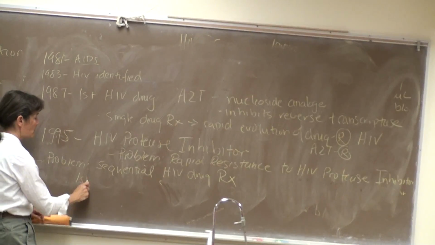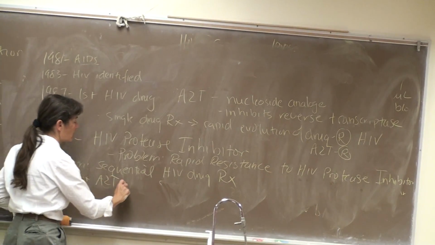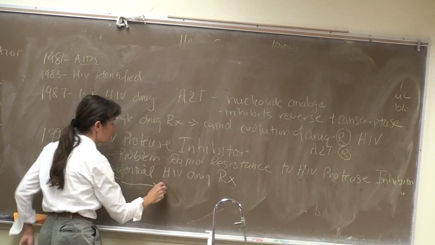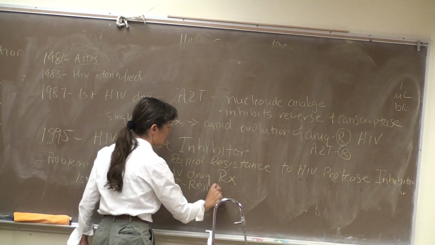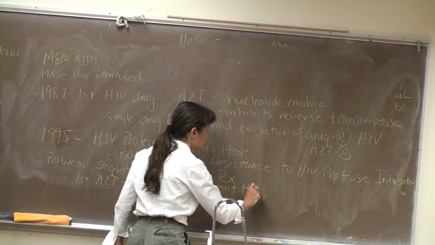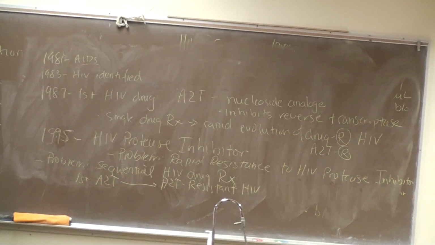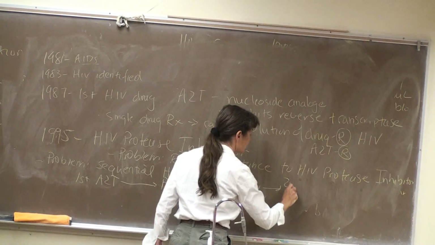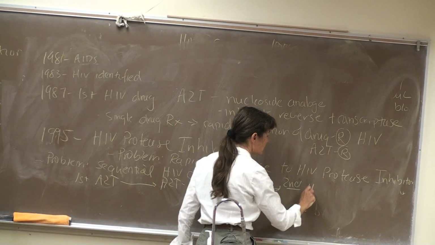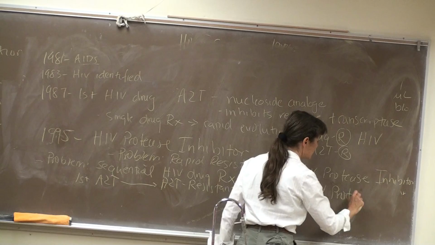So at first they get AZT, and they're kept on AZT until we have AZT resistant HIV. So now all the HIV in that patient's body, they're all AZT resistant, right? And so then those folks sequentially are put on HIV protease inhibitors.